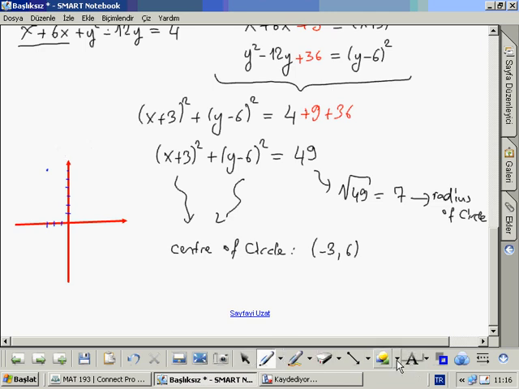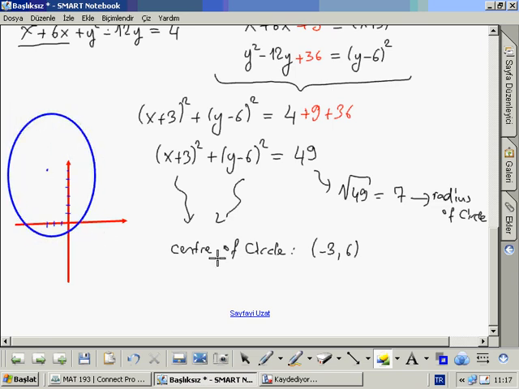Let me sketch it roughly. It's hard to sketch it.